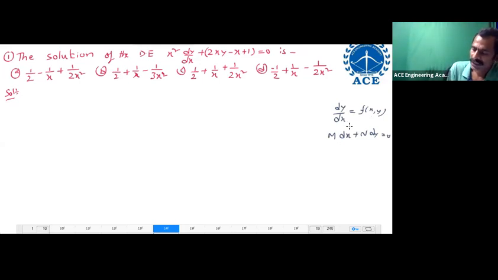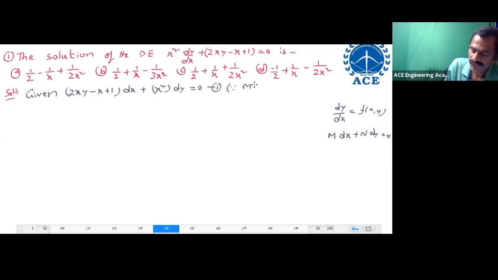Okay, let us write this equation in the form of M dx plus N dy equal to 0. Given (2xy minus x plus 1) dx plus x square dy equal to 0. So this is equation 1.